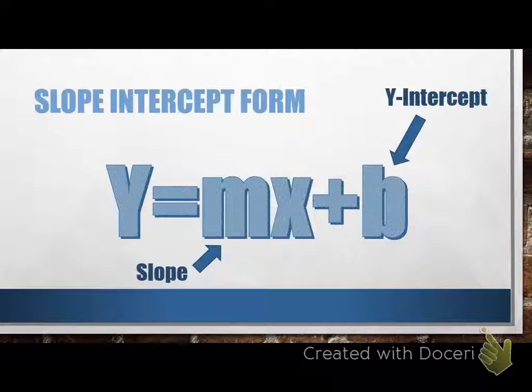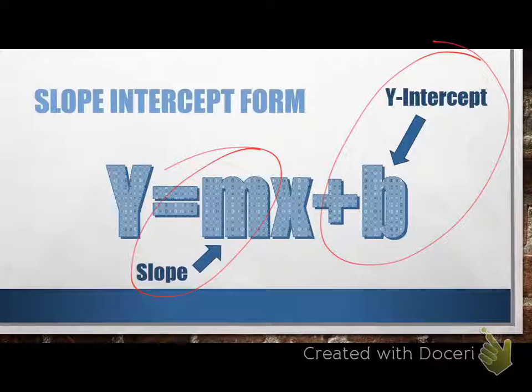There are a couple other forms. The reason why this one is called slope-intercept form is because in the equation you can find the slope pretty easily and you can find the y-intercept pretty easily. So y equals mx plus b, m being the slope, so the coefficient on x being the slope, b being the y-intercept, which is going to be a constant out there for you.